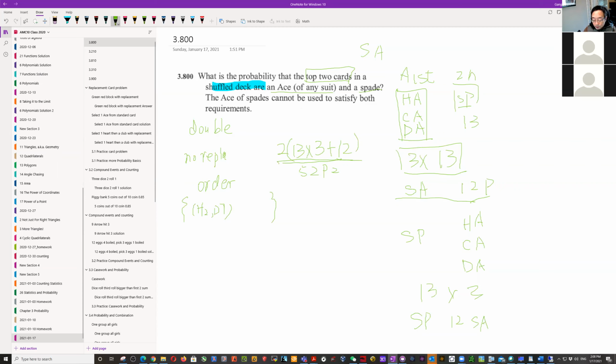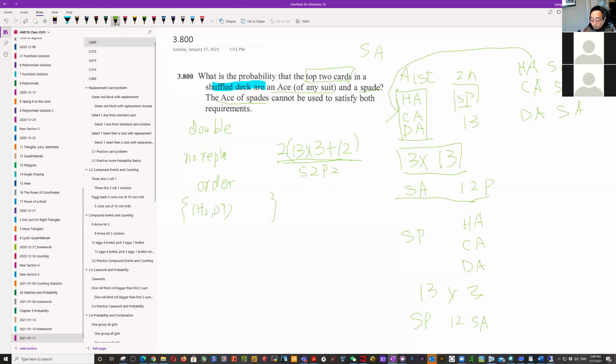But we have to be careful because some of the combinations are actually double counted. For example, let's look at the double-counted ones. What we care about is the ace of spades. The combination of heart A and spade A works in the first case, because the first case needs a heart A and a spade A. So club A and spade A, and diamond A and spade A are working cases here, and this case is also a working case.